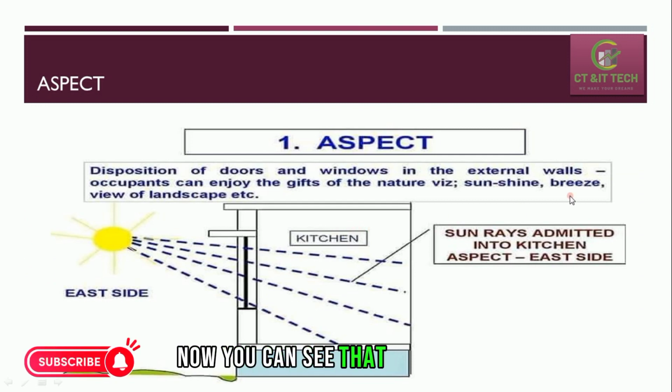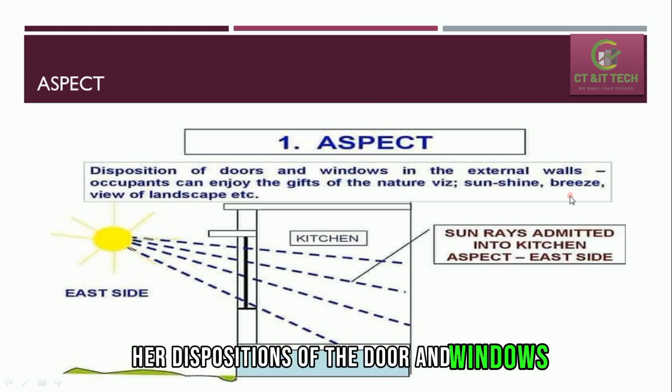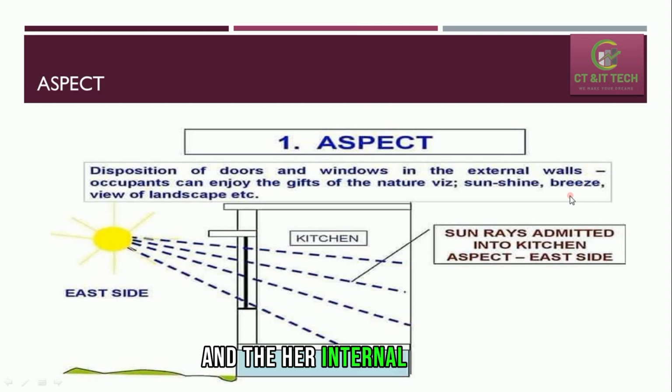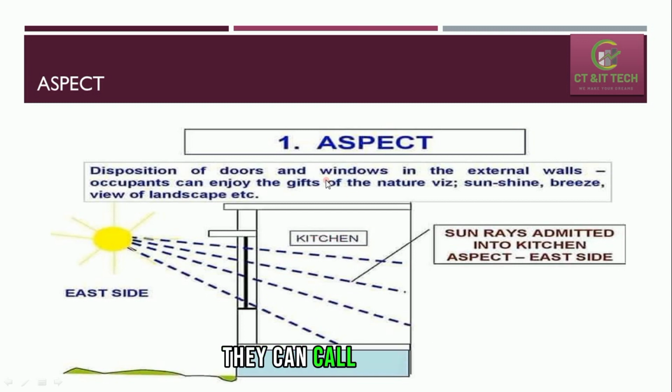Now let's look at aspect. What is aspect? It is the disposition of doors and windows and the internal walls so that occupants can enjoy the gifts of nature: sunshine, breezes, and views of the landscape.